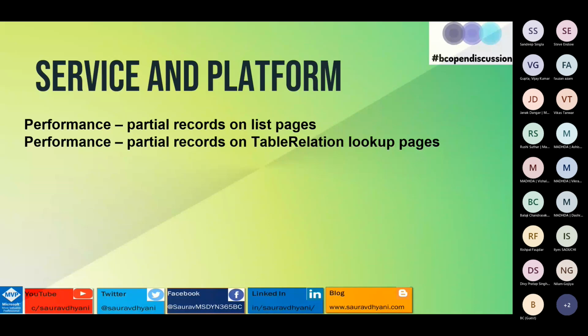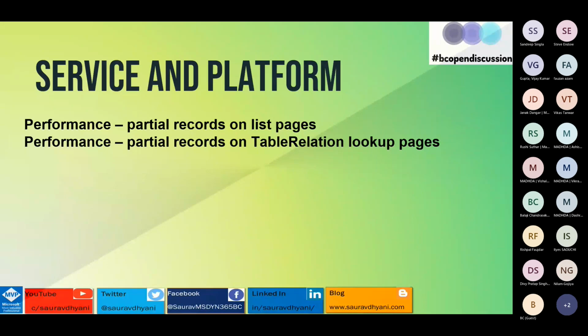Not by me, but I guess someone else presented about partial record. So if you're not using it, go ahead and use it in your coding. But Microsoft has taken a step forward and started using partial record when you are trying to fetch records on these list pages.